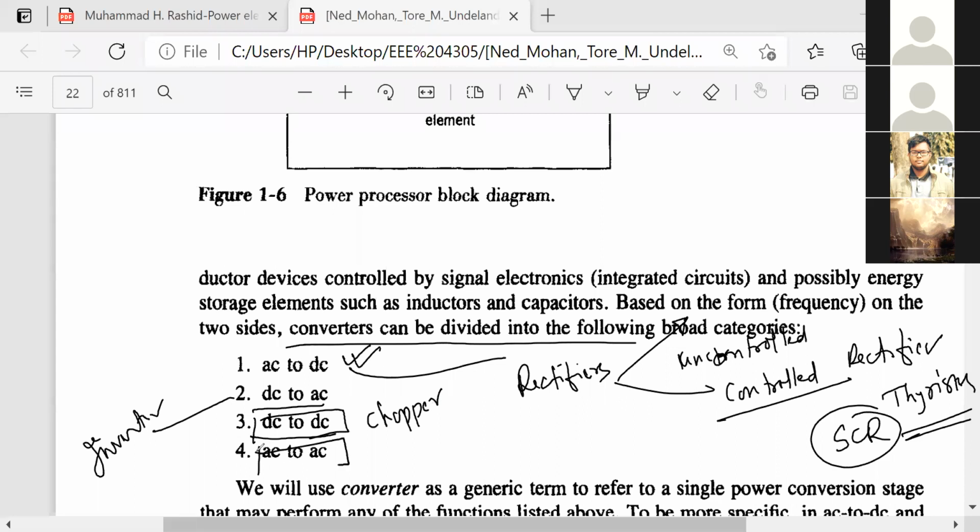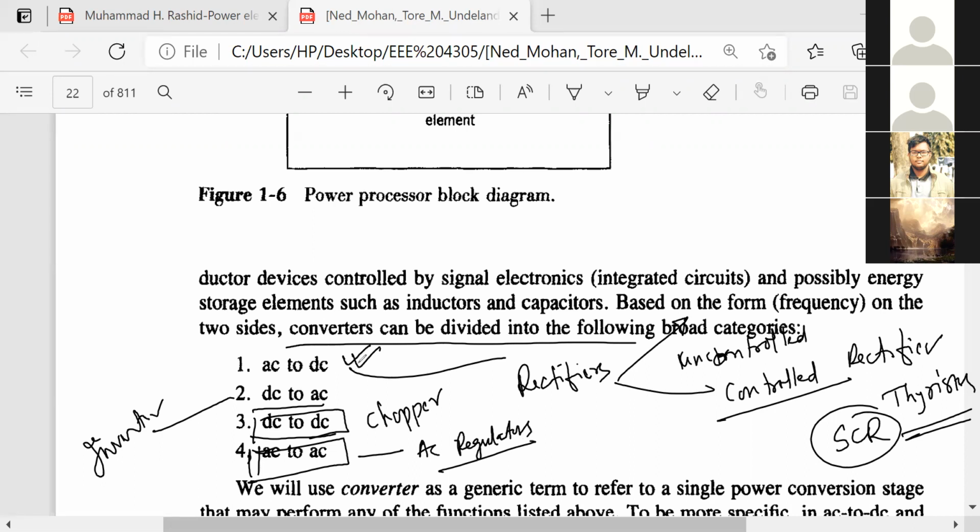And then there could be AC to AC converter. We call it an AC regulator. AC regulators are used in your home, like in your fan. You are trying to change the RMS value of your output, and that is fed to your fan. So you can change the speed by regulating the knob. So AC to AC regulator.